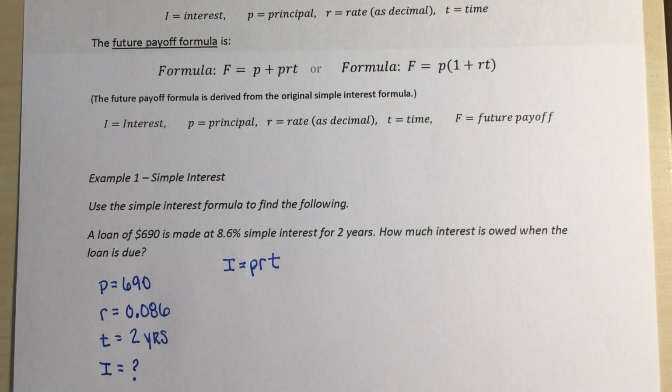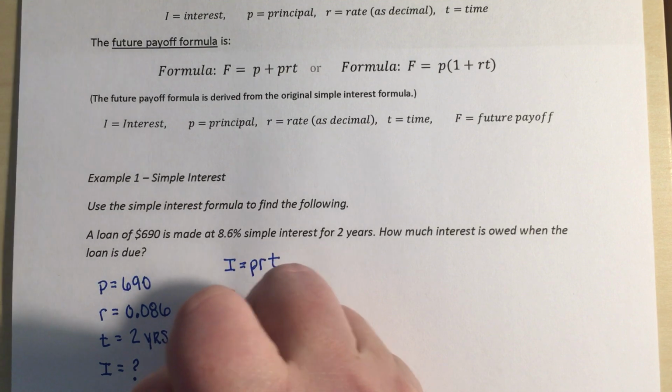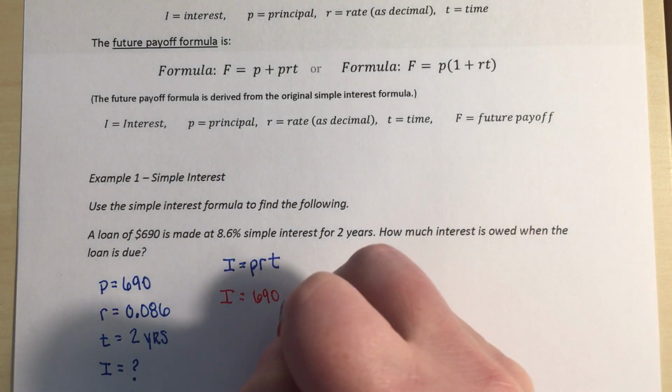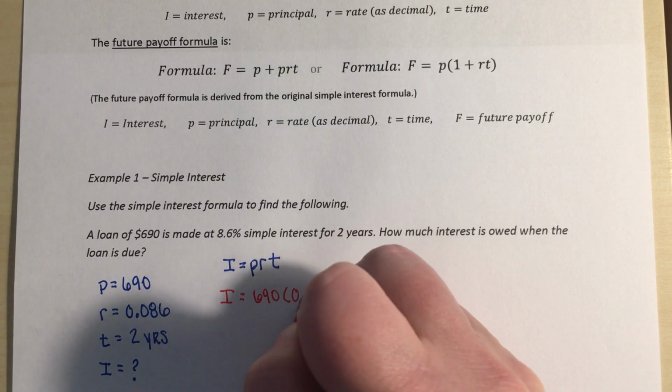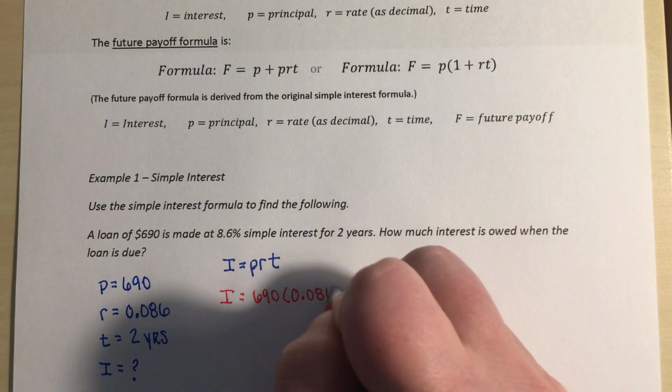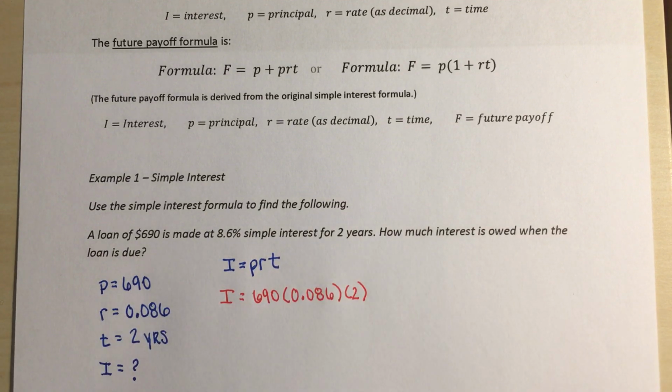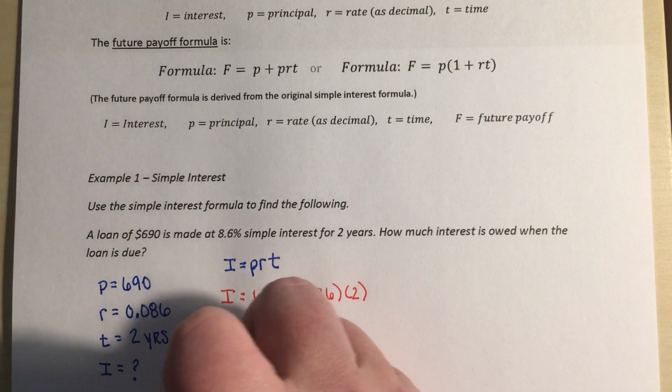So now we're going to plug all of these numbers into our formula. I equals 690, that's our P, times our R, 0.086, times our T, which is 2. Then we're going to just plug all of these into our calculator.